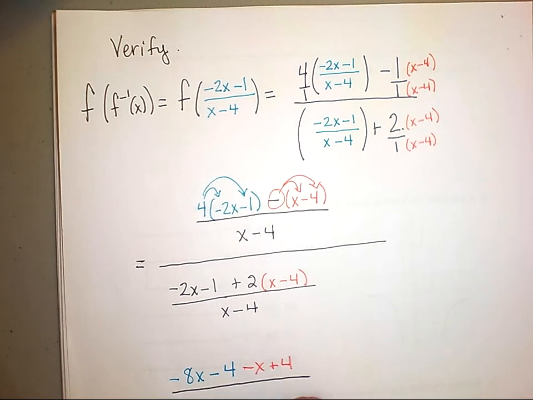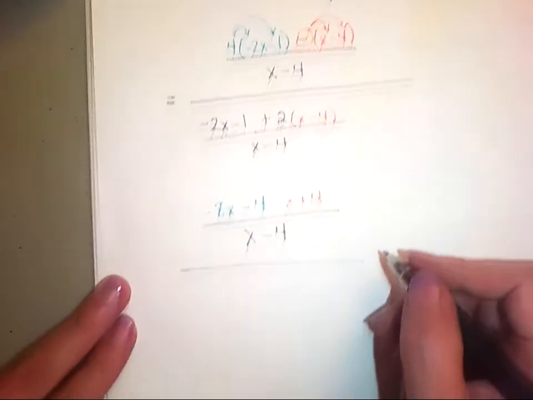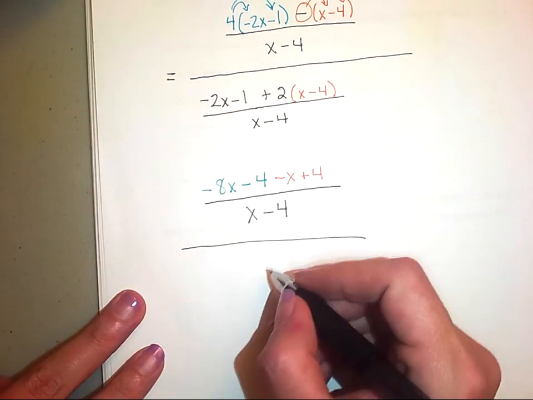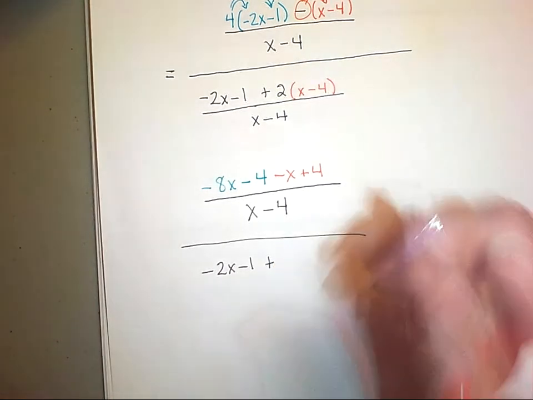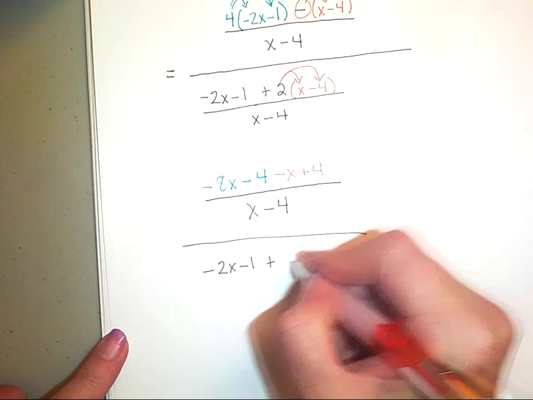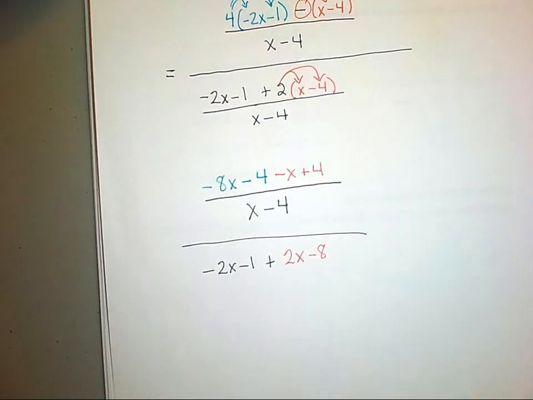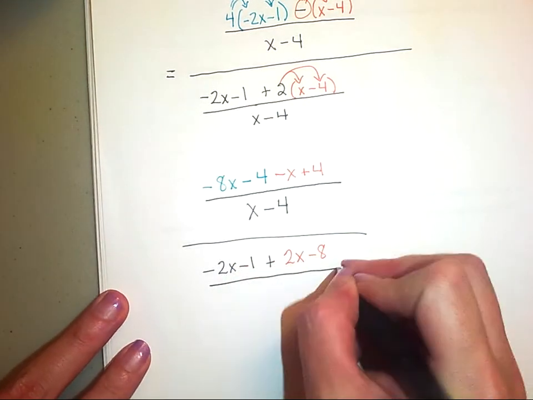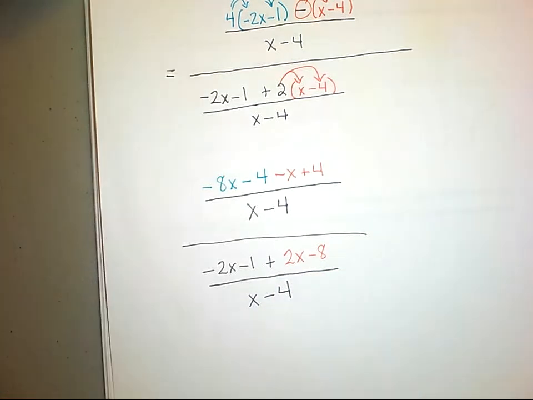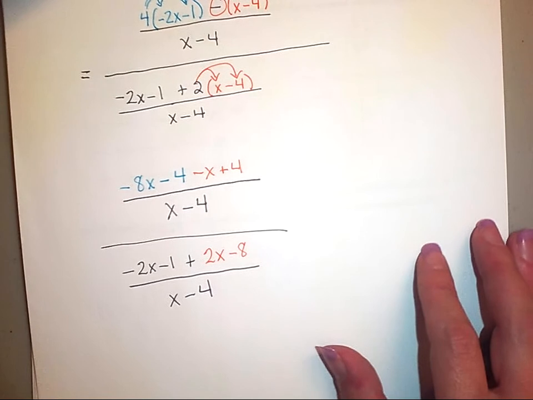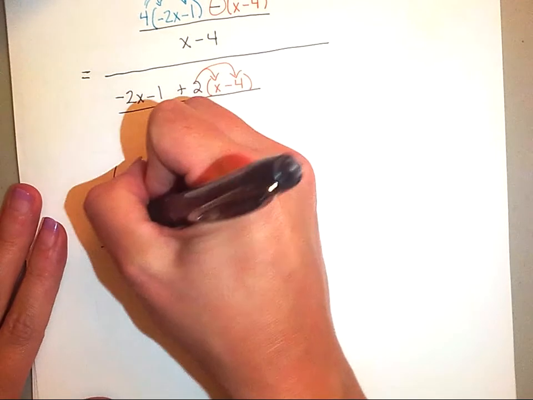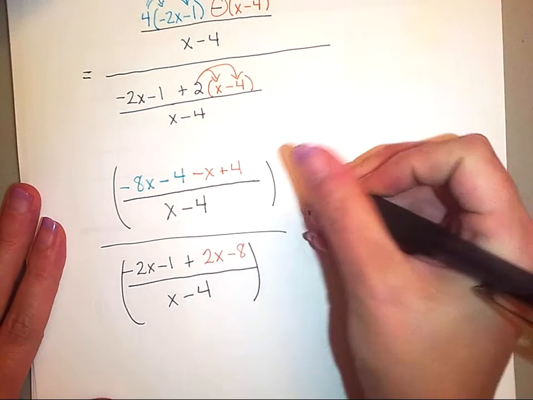All of that stays over x minus 4. And then we're dividing that through by negative 2x minus 1 plus, and then let's also distribute this 2 through. 2x minus 8. And all that stays over x minus 4. Okay, so this is being divided by this.